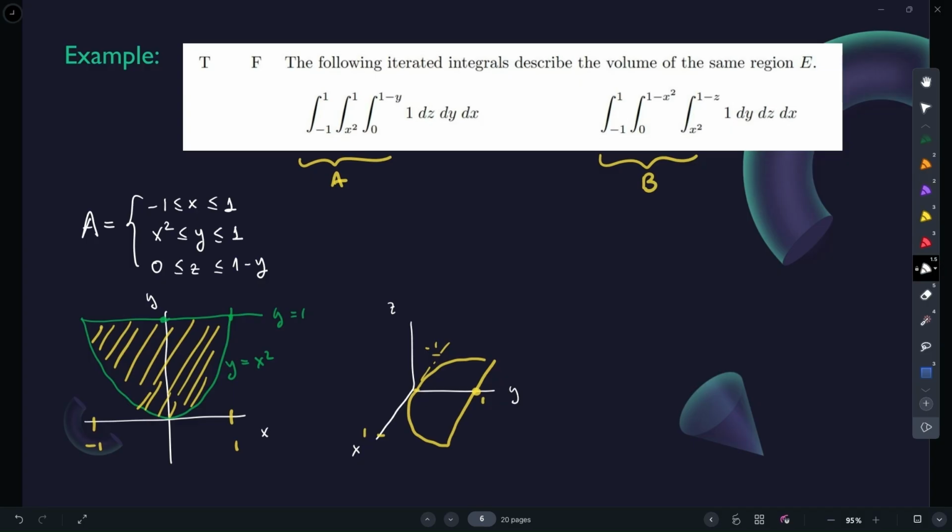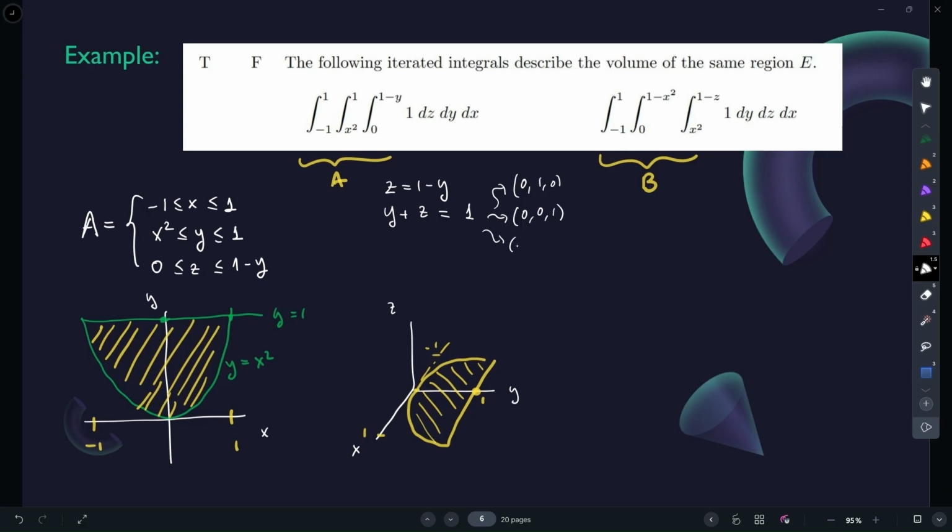What are the limits for z? They're going from 0, so from the xy plane up to something else. This something else is z equals 1 minus y, which is the equation of a plane. In scalar form, this is y plus z equals 1, a plane that goes, for example, through the points (0, 1, 0) or (0, 0, 1), and in fact x can be anything in those.